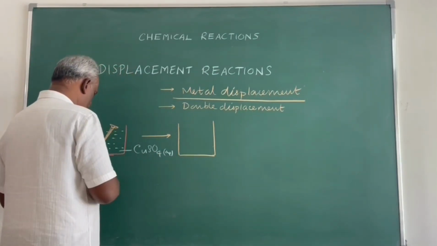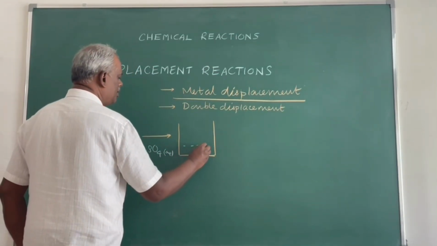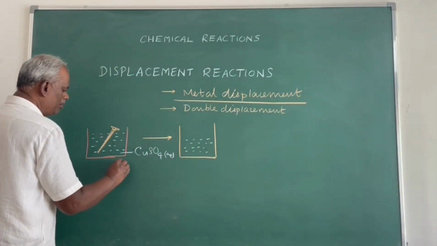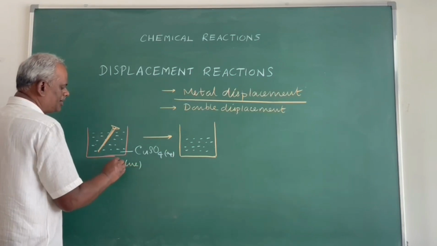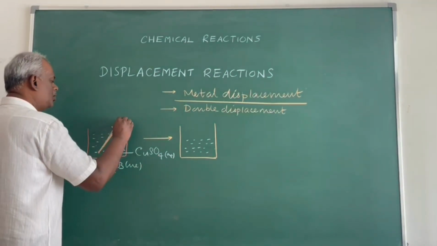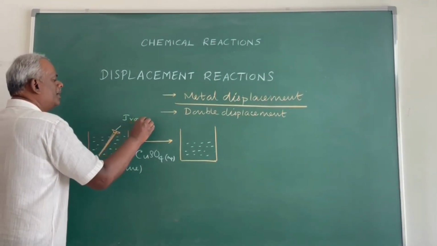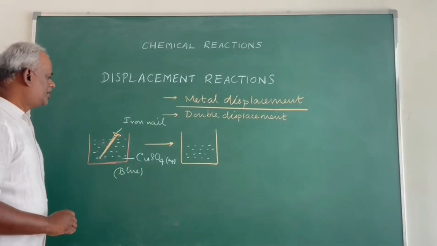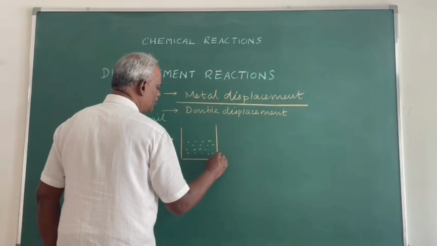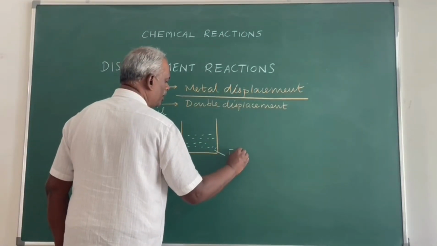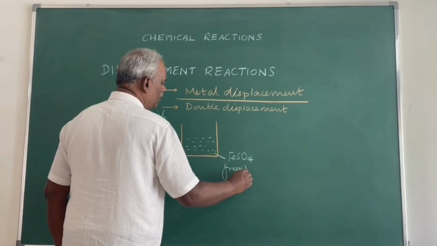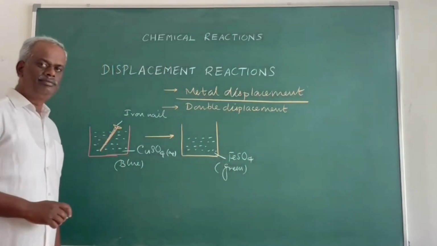The solution is becoming green. Originally, the blue color copper sulfate is taken, in which the iron nail is kept. After some time, this is changed into FeSO4, ferrous sulfate.